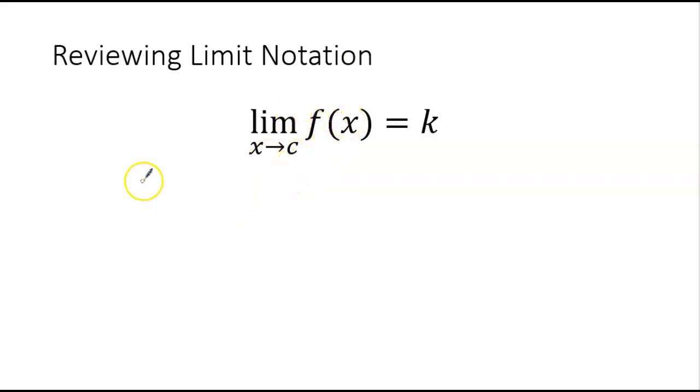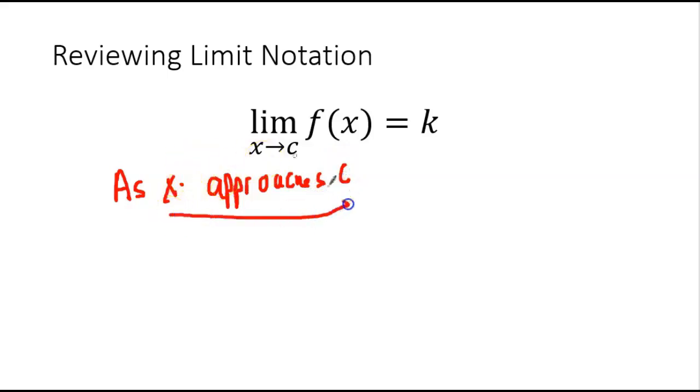So what does this mean? This means that as x approaches c, and that's what that little symbol right there means, as x approaches c, y approaches k.